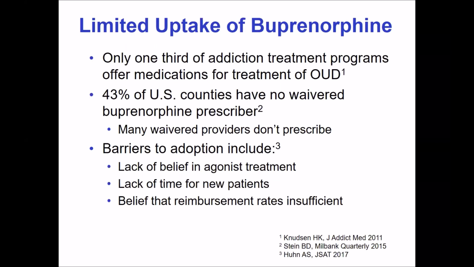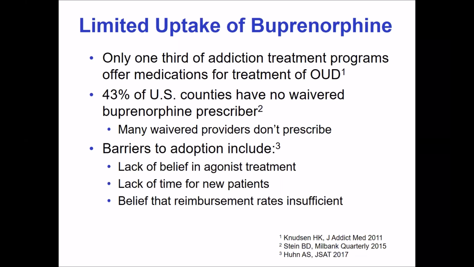Despite this, there's still limited uptake of buprenorphine. This data is a few years old now, but the last national assessment showed that about a third of addiction treatment programs nationally offer any sort of medication for the treatment of opioid use disorder.